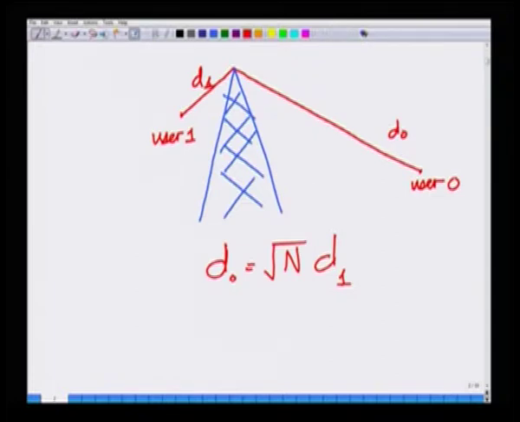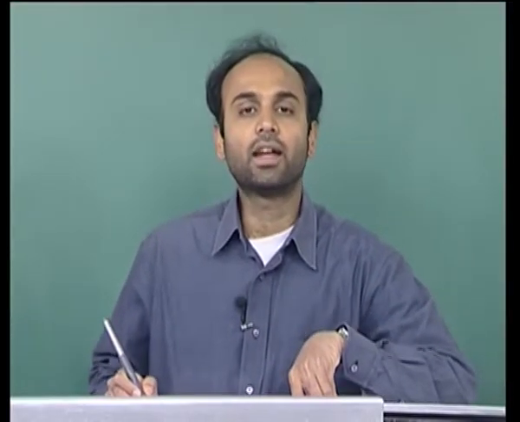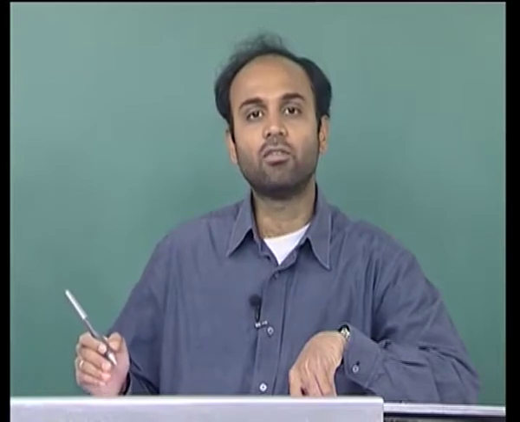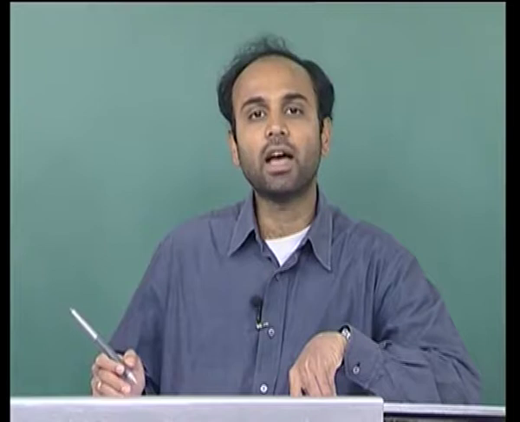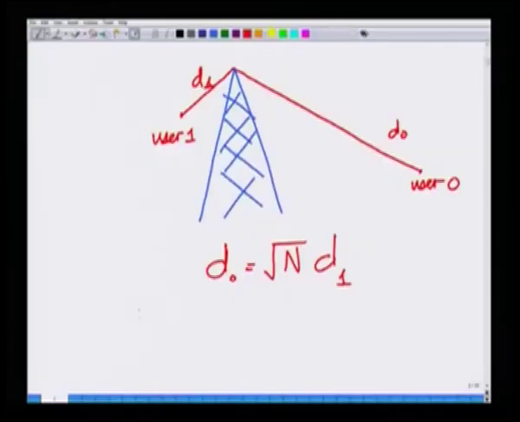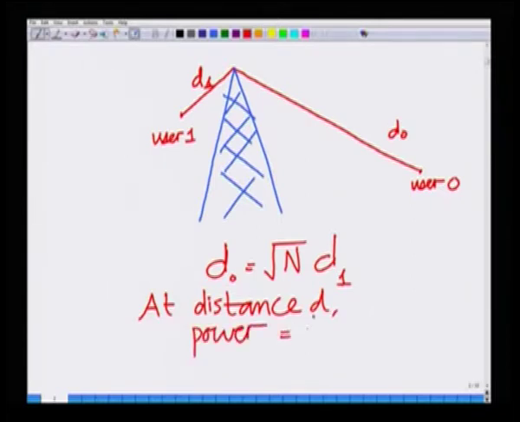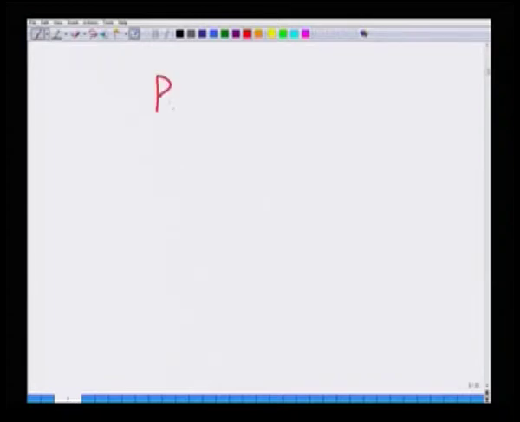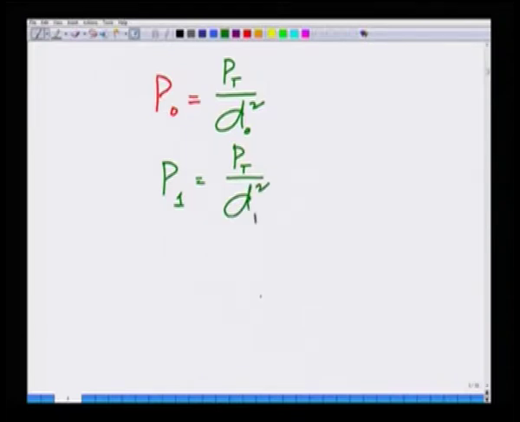Now, we also know that as the distance d increases, because of path loss, the transmit power decays as a function of 1 over d square, that is if the transmit power is Pt, at distance d the power received equals Pt over d square, which implies since user 0 is at a distance d0, the power received P0 is Pt over d0 square and P1 equals Pt over d1 square.